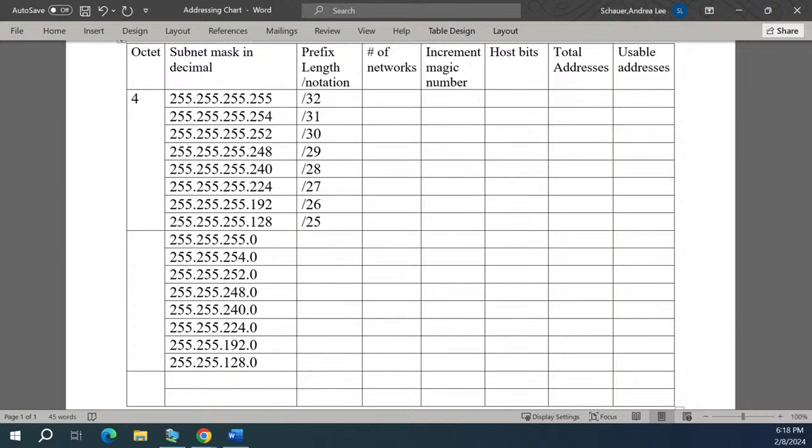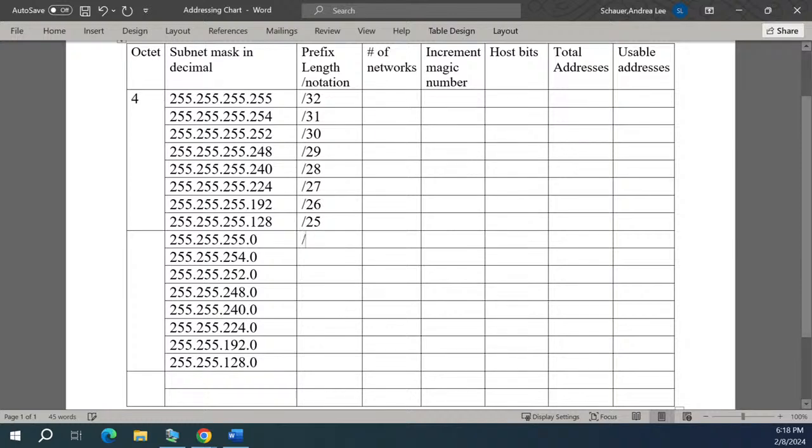They repeat in every octet. This is just another way for us to see that, right? And let's keep counting down. Remember the prefix length or the slash notation represents the number of what? Bits. What kind of bits? Network bits. A specific network bit.